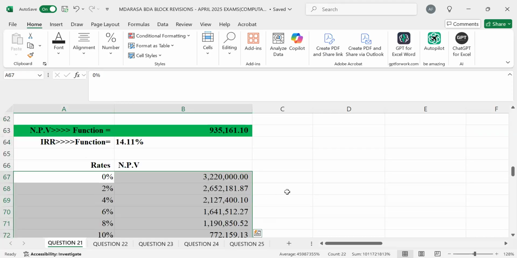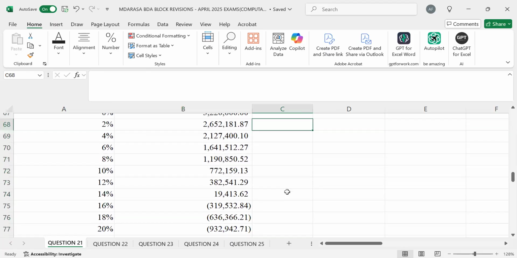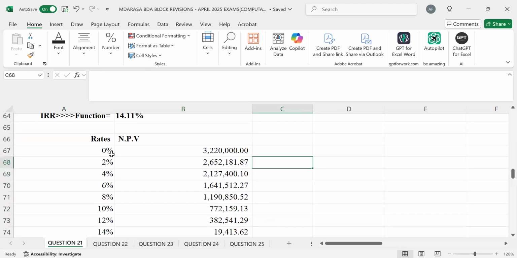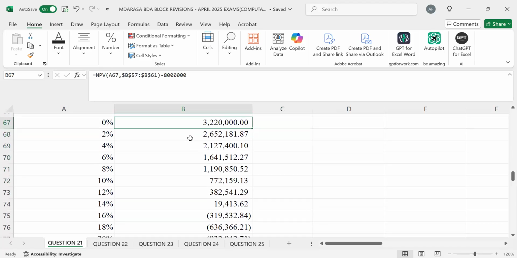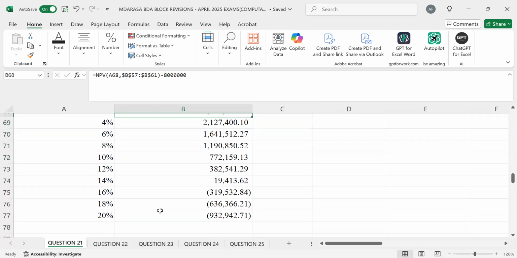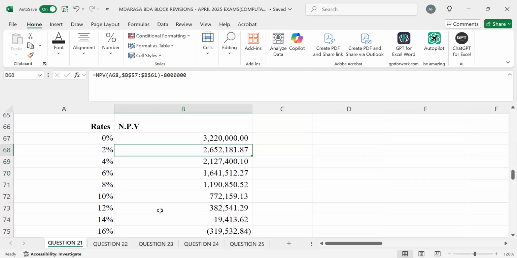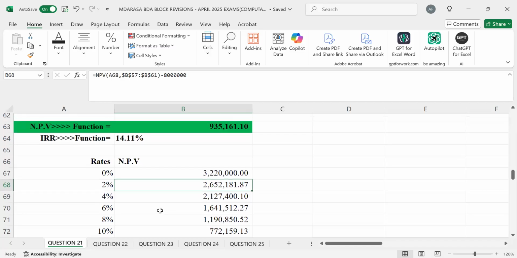So our NPV at all these different rates is what you're having here.